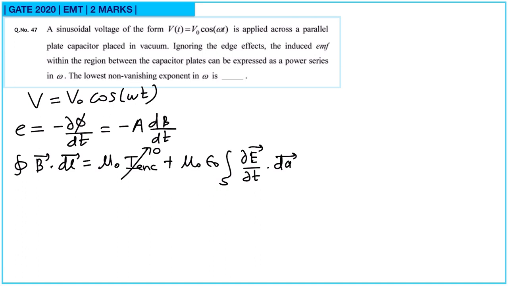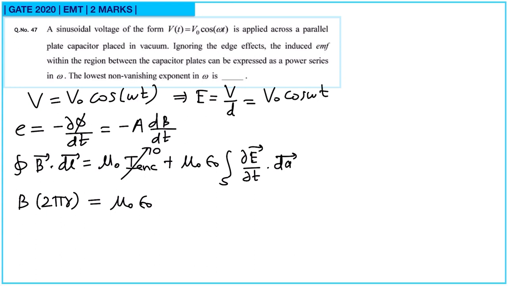So from here B into 2 pi r is equal to mu naught epsilon naught into dou by dou t of E. From here we can calculate E. So E is equal to V by d. So this will be V naught cos omega t by d, because the separation between the two plates is fixed.